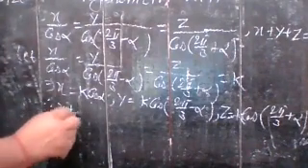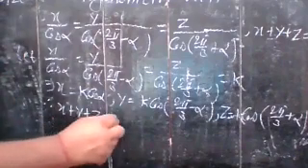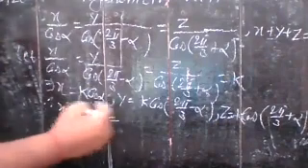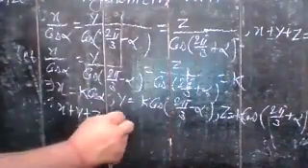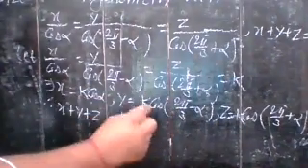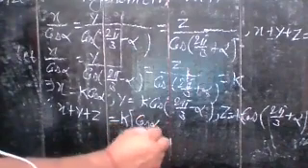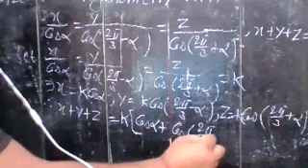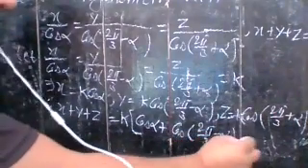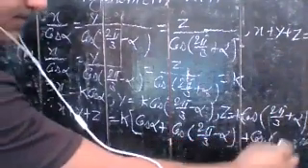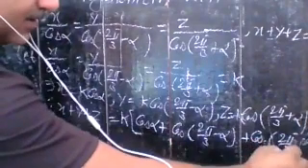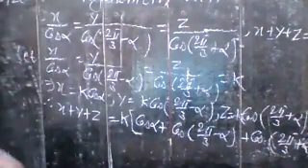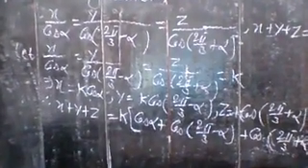So x plus y plus z is equal to... here you can take k common. So you take k common, and you have cos alpha plus cos of 2 pi by 3 minus alpha plus cos of 2 pi by 3 plus alpha. So in this way, you have the result.